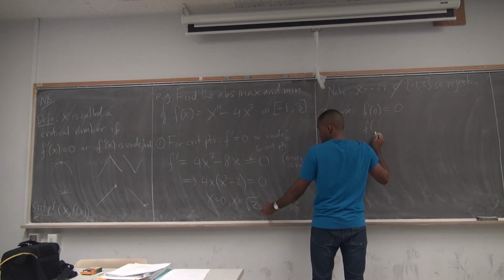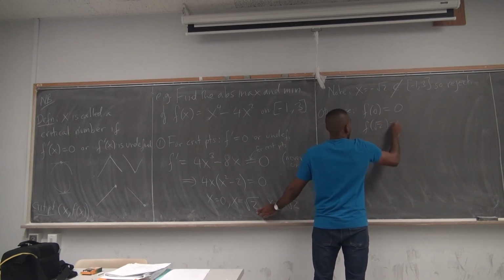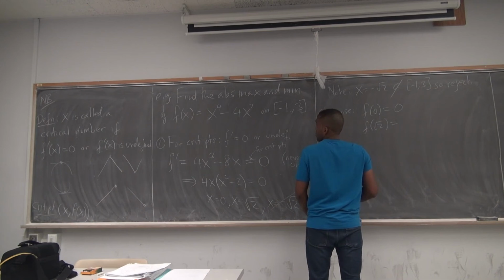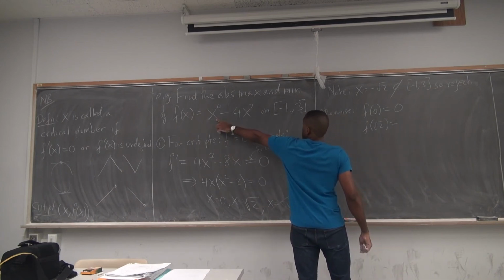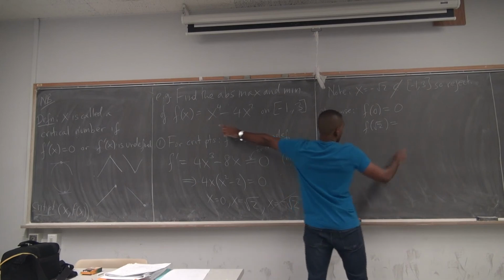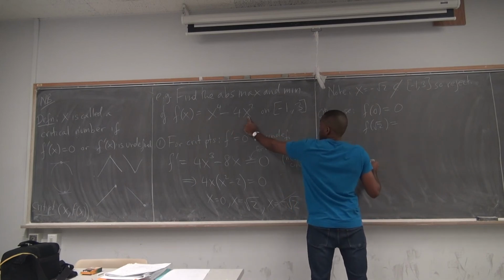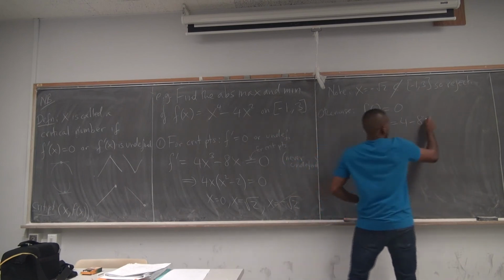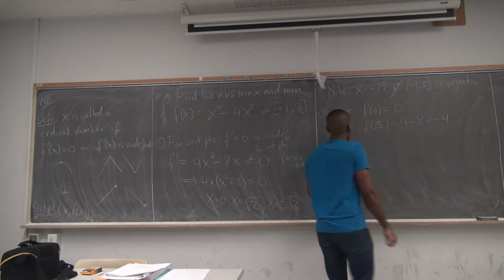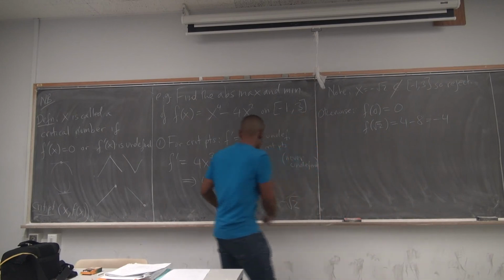Find f of radical 2, the other one. Throw in a radical 2 here, what do you get? 2 or 4. You get 4. Put in a radical 2 here. So you get 4 minus 8, you get negative 4. Right? And those are the only 2 points to test.